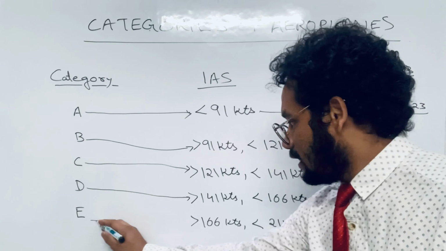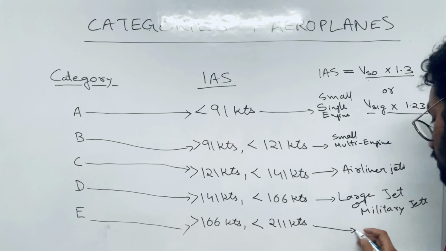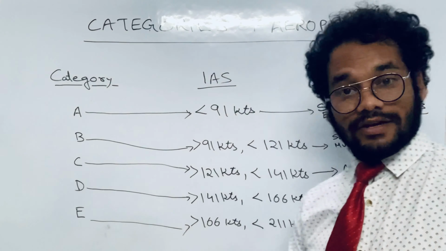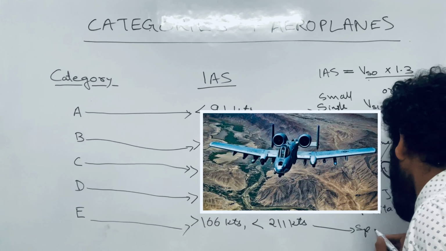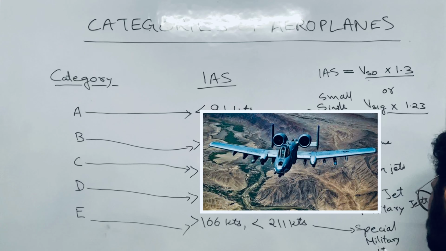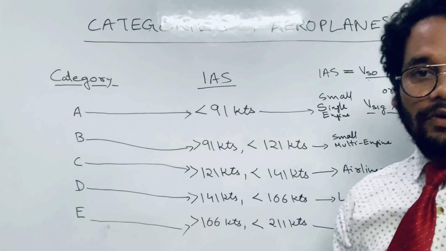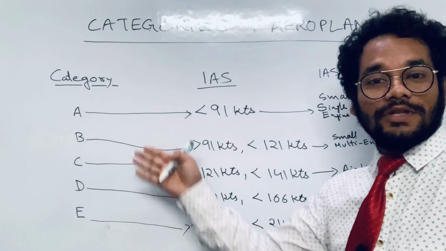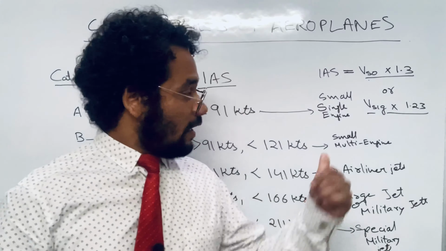Next, category E aircraft are the special military jet aircraft. So friends, I hope you're clear with the different categories of airplanes.